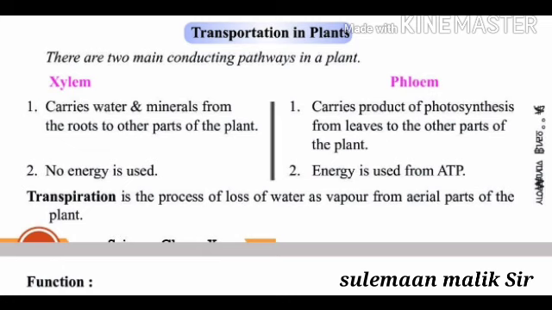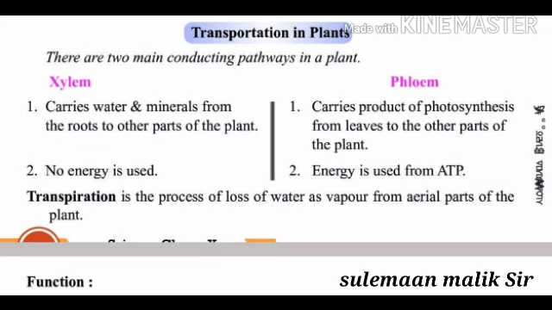Next we have transpiration. Transpiration is the process of loss of water as vapor from aerial parts of the plants. See guys, transpiration means it is a phenomenon in which water is lost as vapor.